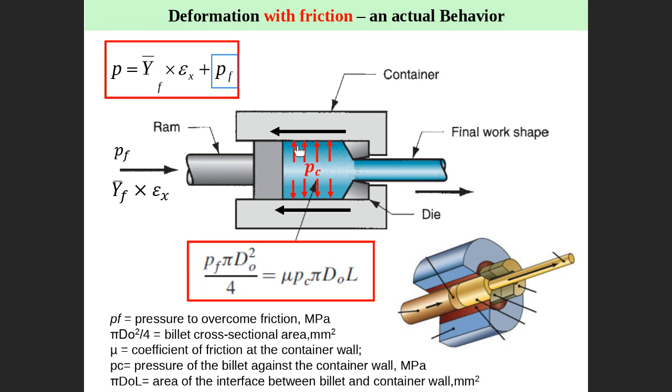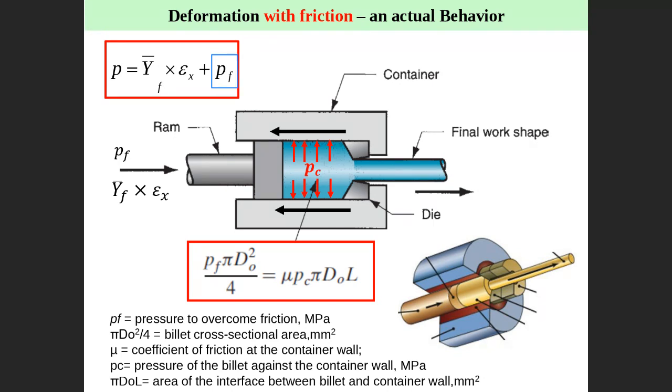This pressure is distributed along the length here, right? Then you can see that this pressure multiplied by the peripheral area, which is pi d L, where L is this one, gives you the force applied to the cylinder. Pressure multiplied by the area gives the force.